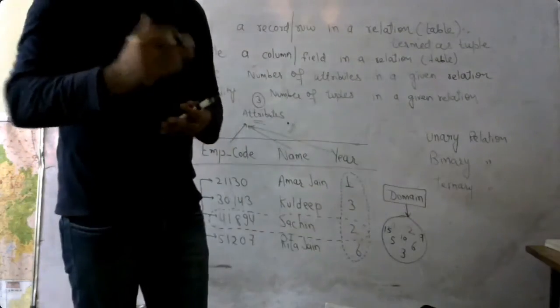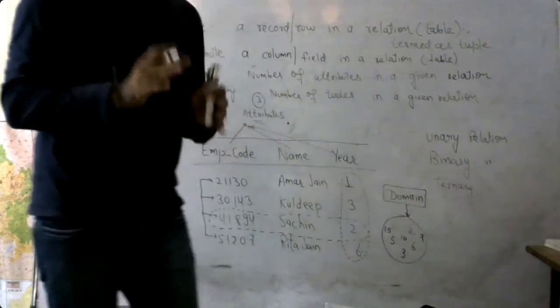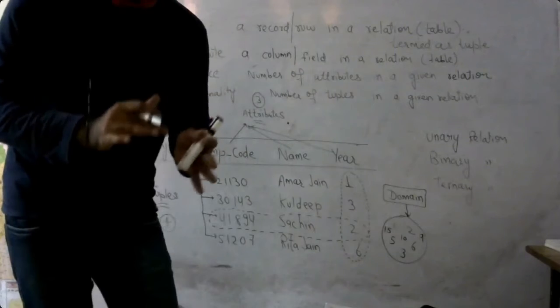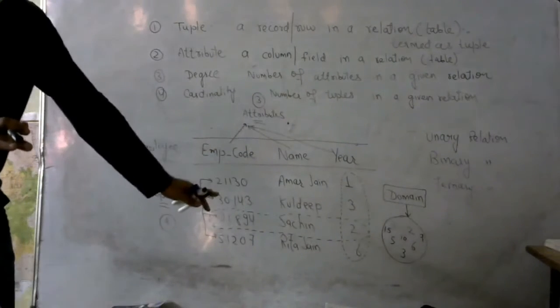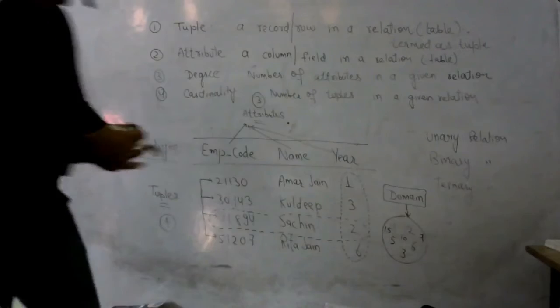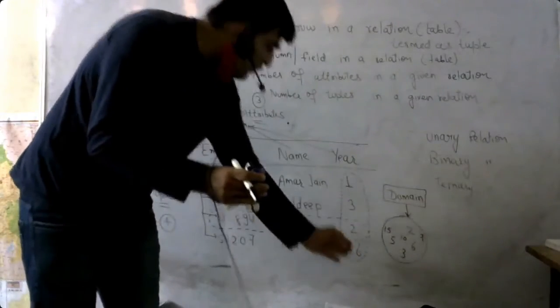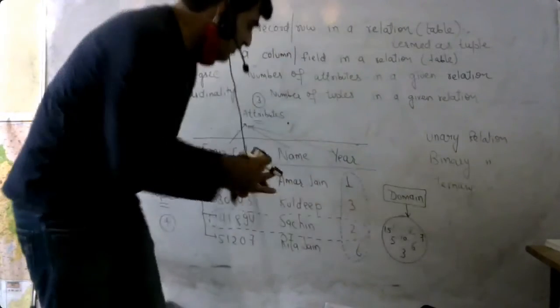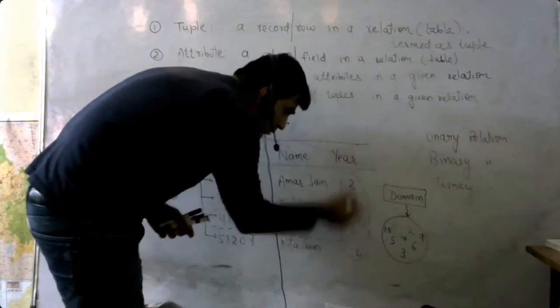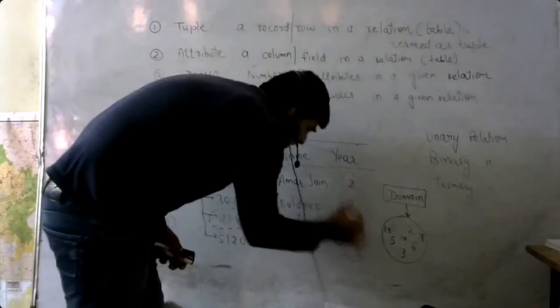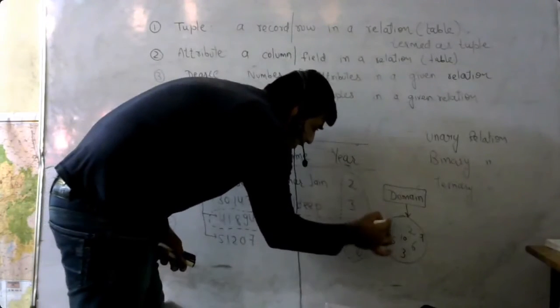A set of values, and all the employees of that organization might have different or same values. Experience may be repeated two times, three times. So all these values for this attribute are from here.